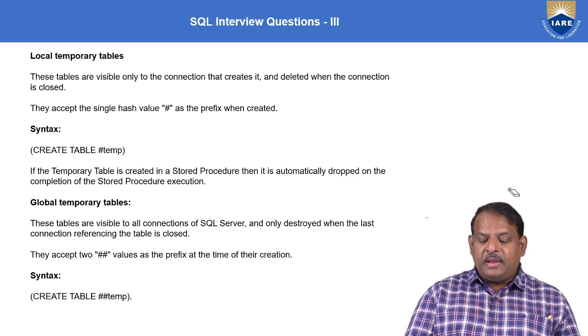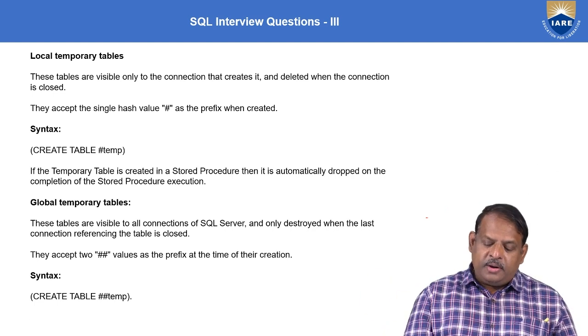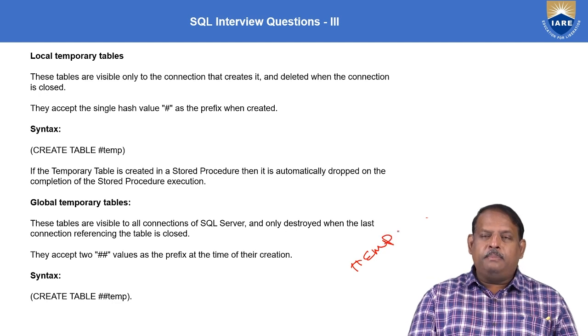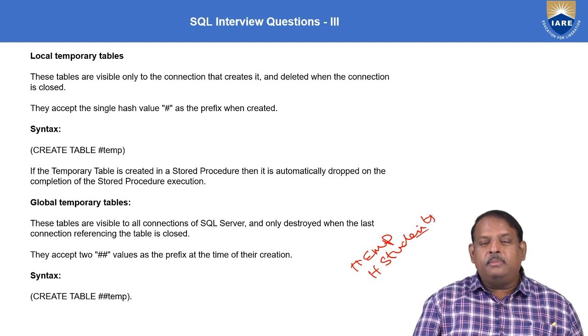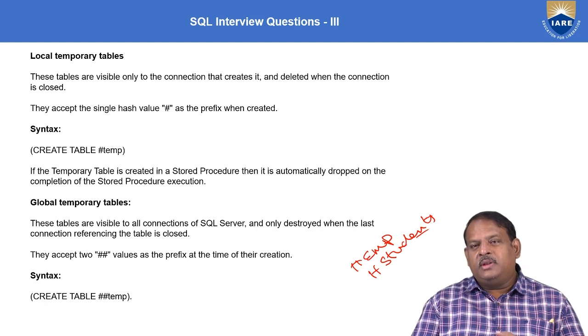They accept a single hash as a prefix when created. Suppose you create a table called emp, it will be like hash emp, hash students. And mind you, this is available only for this particular connection. If you close this connection, this table is lost.